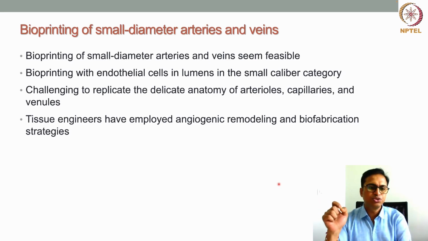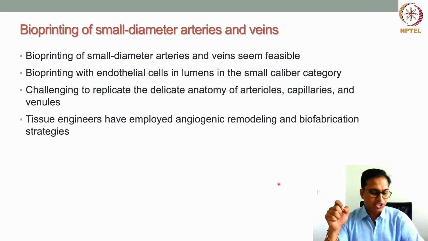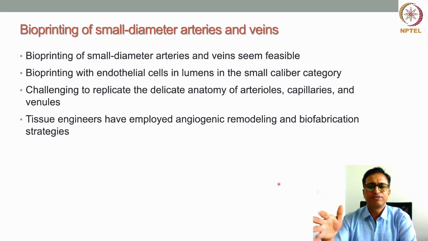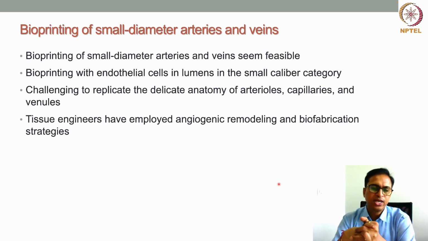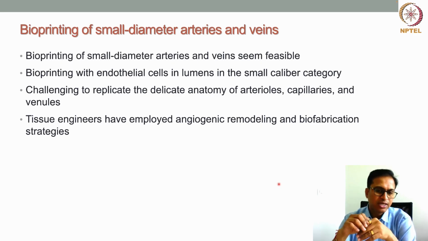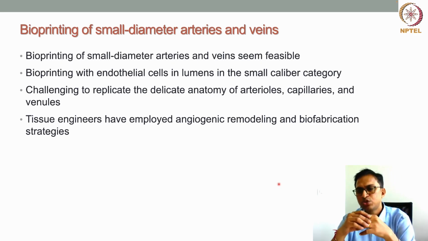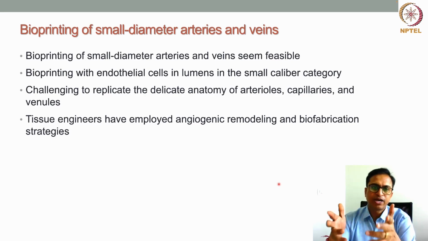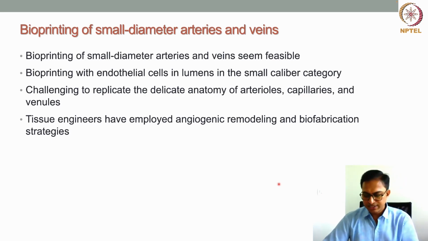To tackle that, tissue engineers have employed different strategies, where angiogenic remodeling and different biofabrication strategies have been employed. We'll discuss a few of these: the different strategies for angiogenic remodeling, and the different biofabrication strategies employed for bioprinting of small diameter arteries and veins.